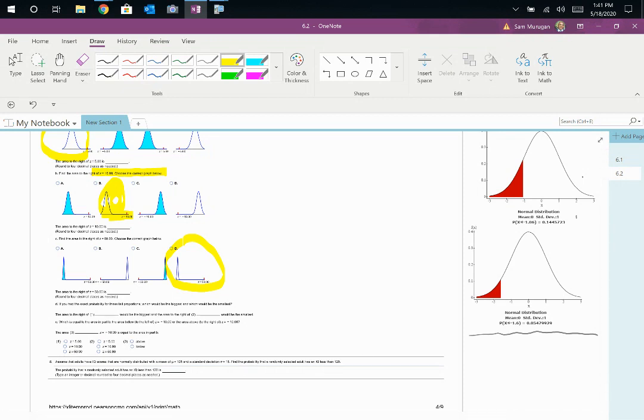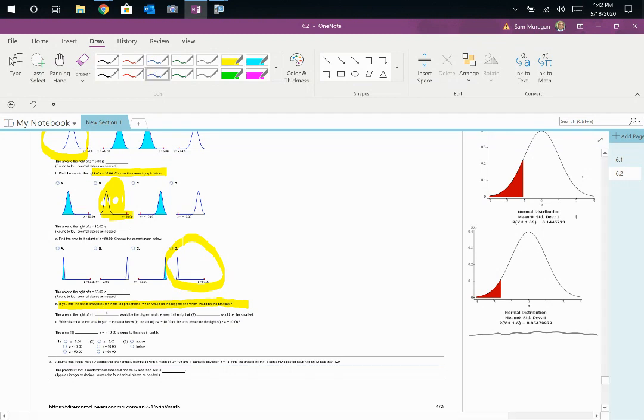Now look at question D. If you had the exact probability for these tail proportions, which would be the biggest and which would be the smallest? To me, it seems obvious that the biggest would be z equal to 5 and the smallest would be z equal to 50.